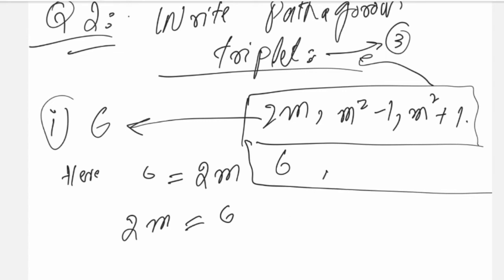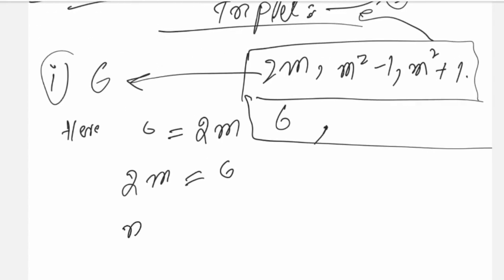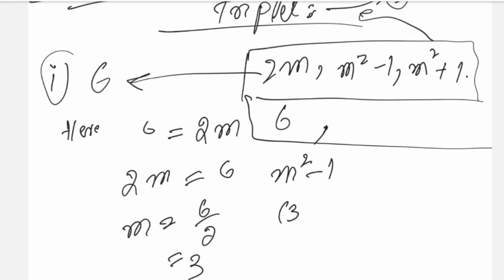So what about the other numbers? For the other numbers we need to find the value of m. So m will be equal to 6 by 2, that will be equal to 3. The next number is m square minus 1, that is 3 square minus 1, that is 9 minus 1, that is 8.